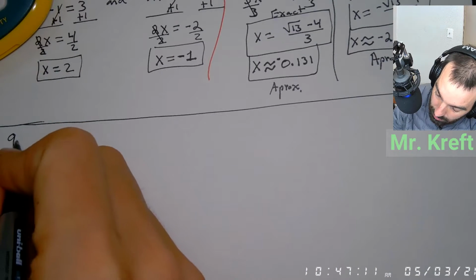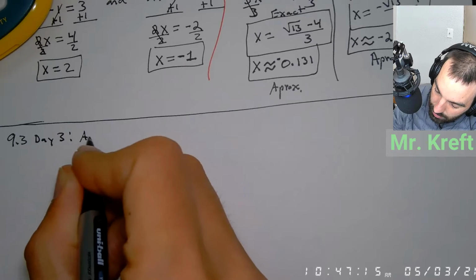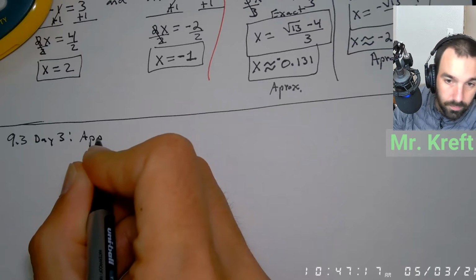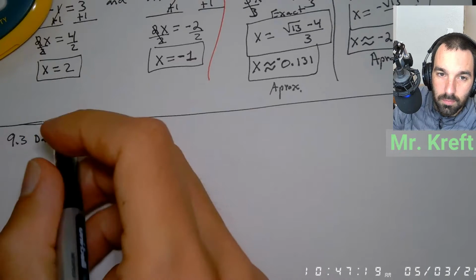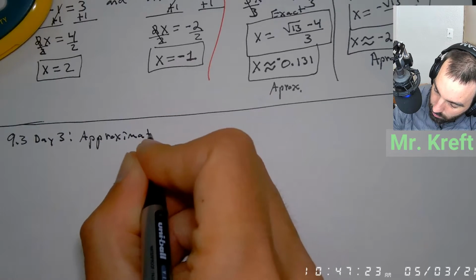All right, so let's really talk about this approximation today. So again, this is going to be 9.3, we're on day 3, and we're going to be talking about how we do approximations.